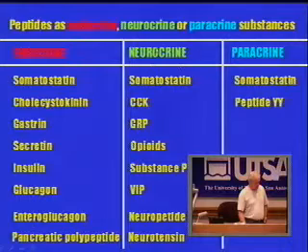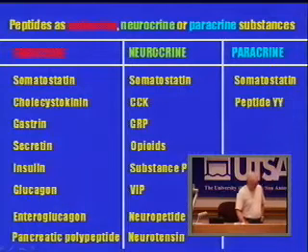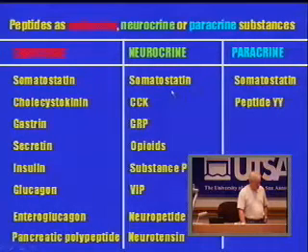The ones acting in a neurocrine fashion, relevant to our other consideration today, being able to act within the nervous system, synthesized and secreted within the nervous system, acting transsynaptically or extrasynaptically, to function in the neurocrine or even paracrine sense as far as that's concerned. So the somatostatin is in both lists, CCK is in both lists.